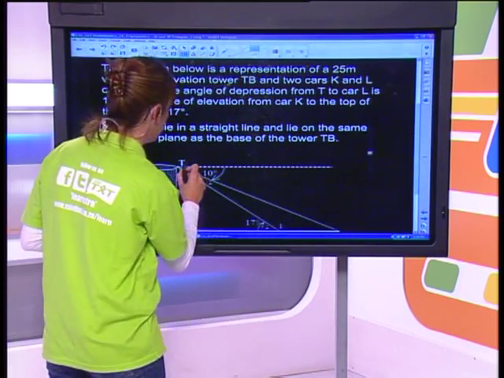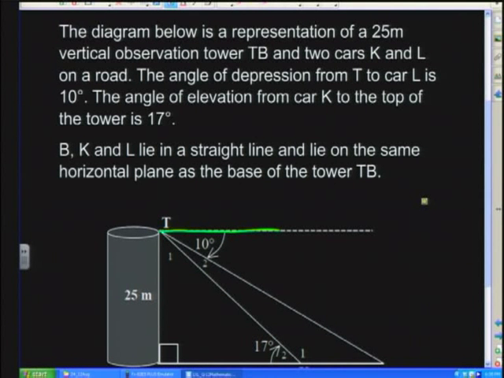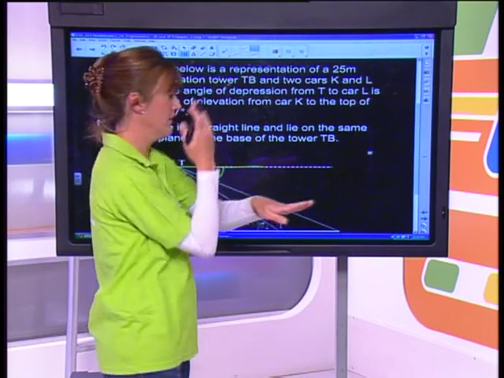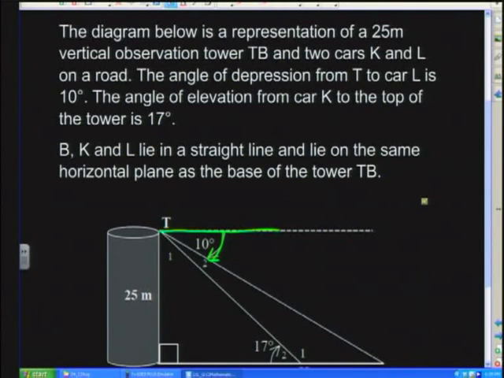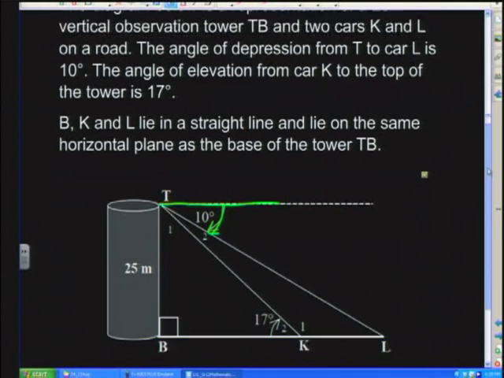So your angle of depression has got to come from that horizontal line down to the points on your diagram. And an angle of elevation will go from a horizontal viewpoint looking up. So the angle of depression from T to car L is 10 degrees, and the angle of elevation is 17 degrees.